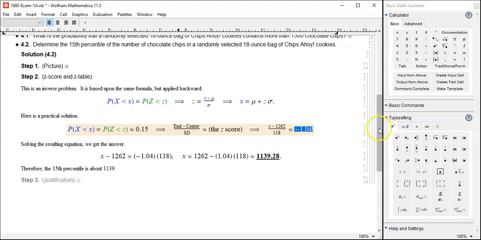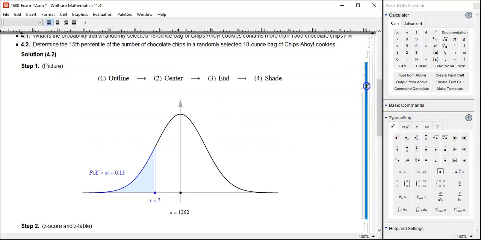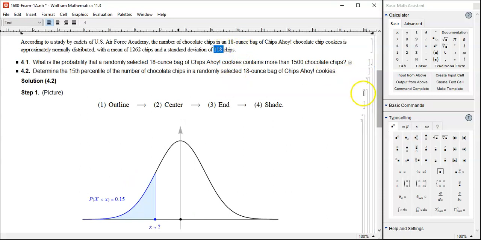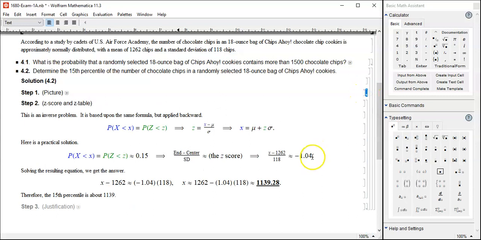x minus center over SD. You don't know the x. Center you know. And then SD is given as 118. So putting everything into that computation, here is your equation. x minus center over SD is the z-score of negative 1.04. Let's solve this. Multiply this denominator to the other side, we get this multiplication.